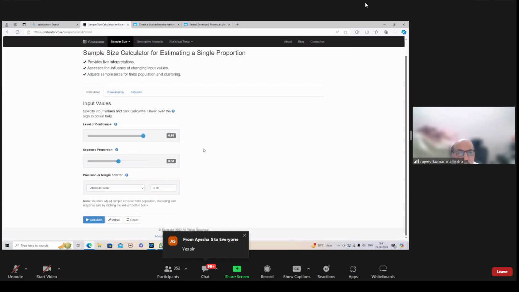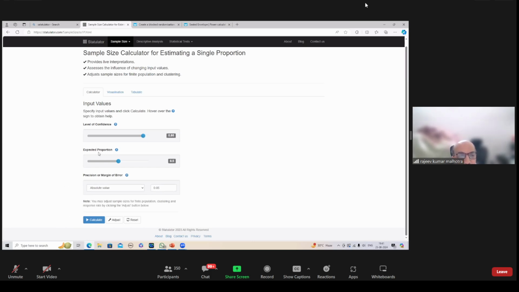When you click on single proportion, you find the level of confidence, which is already set by default at 95%. You can change it by moving this to 99% or another value. I am keeping it at 95%.